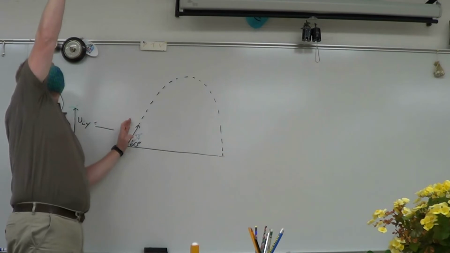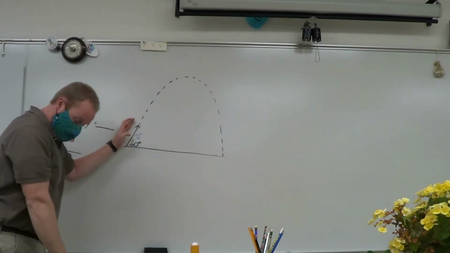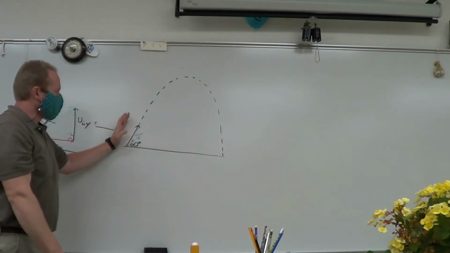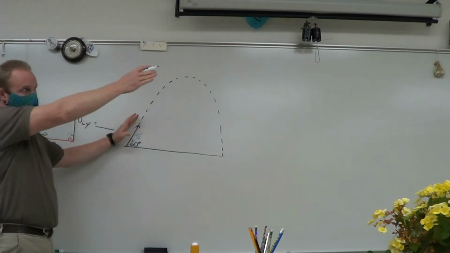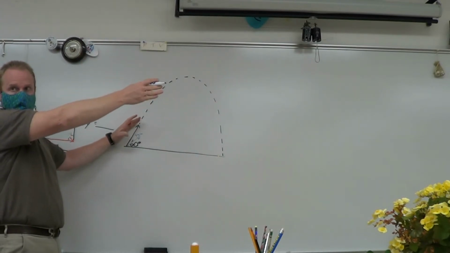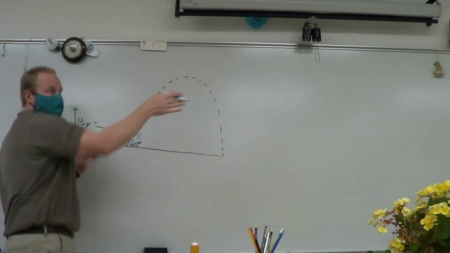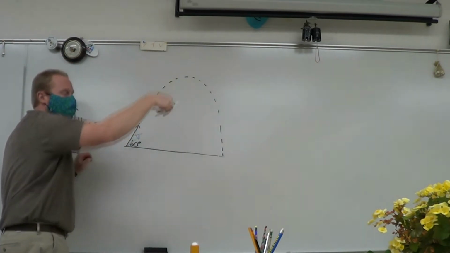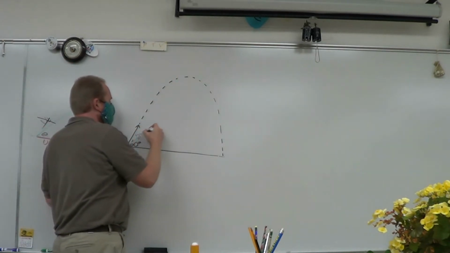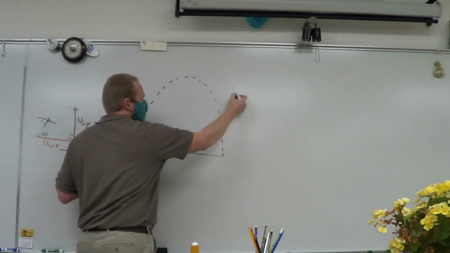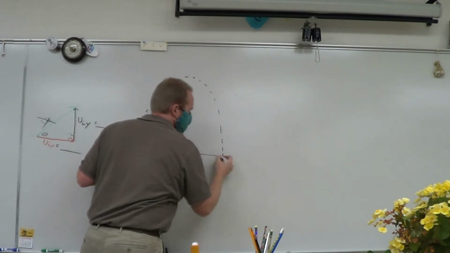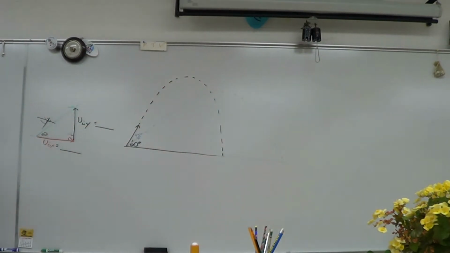The up is going really, really high, and this is going to land right there, right? So as I go flatter, what happens? It goes further, right? So at 45 degrees, it's going to do something maybe like that.